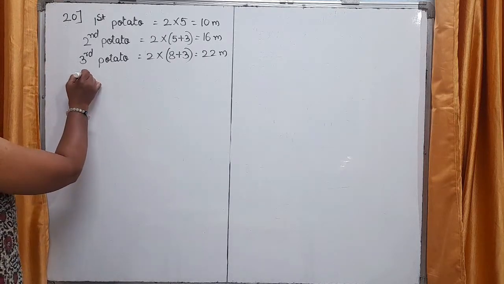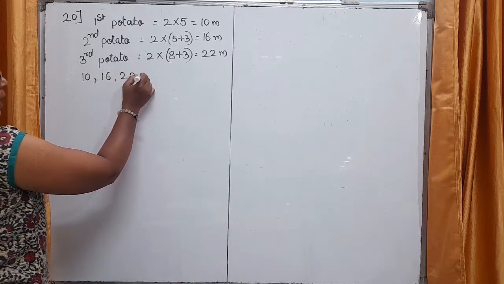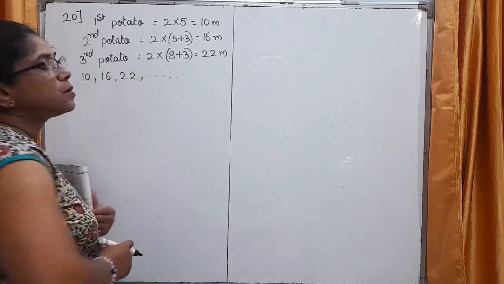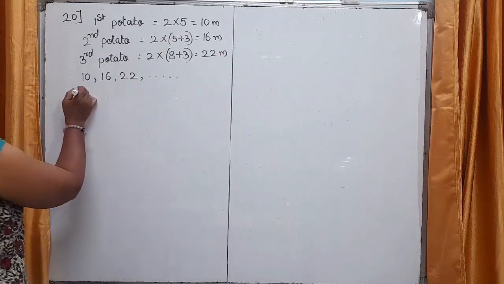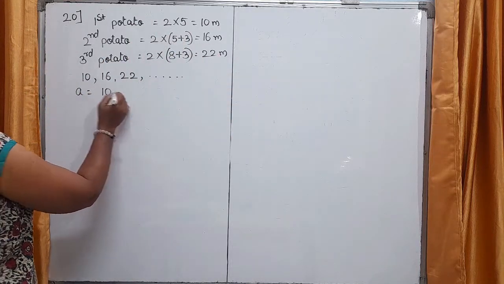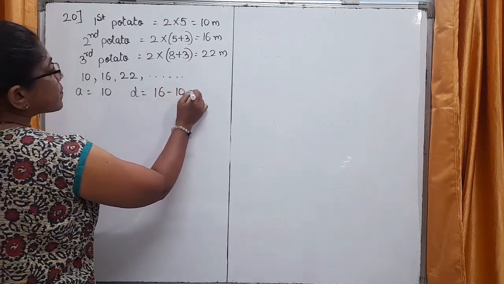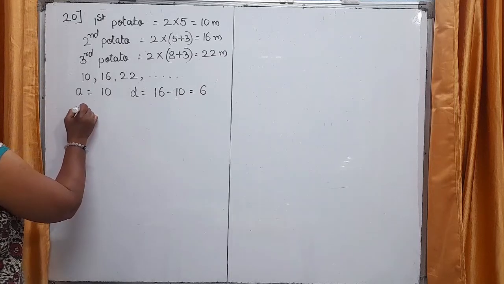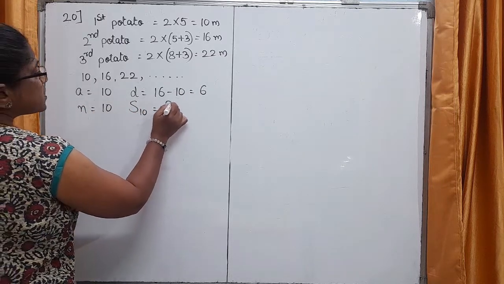So here this forms our AP: 10, 16, 22 and so on. Like this we have to find the sum up to 10 terms. Here our a is 10, d is 16 minus 10, that is 6, and the number of terms is 10. Let's find what is S10.